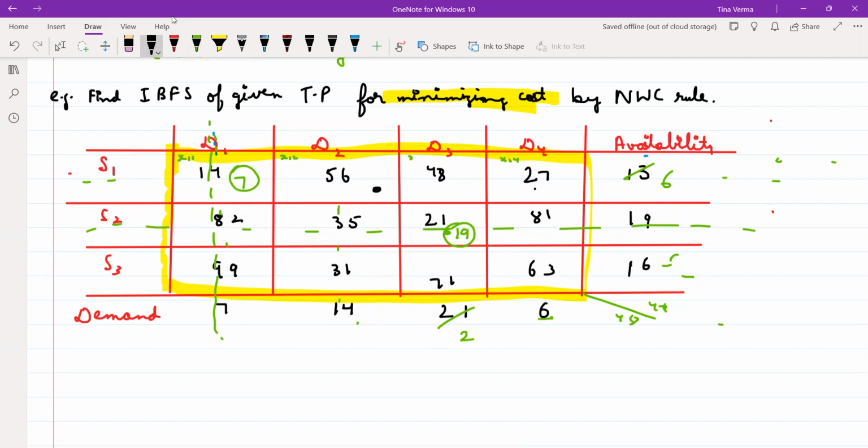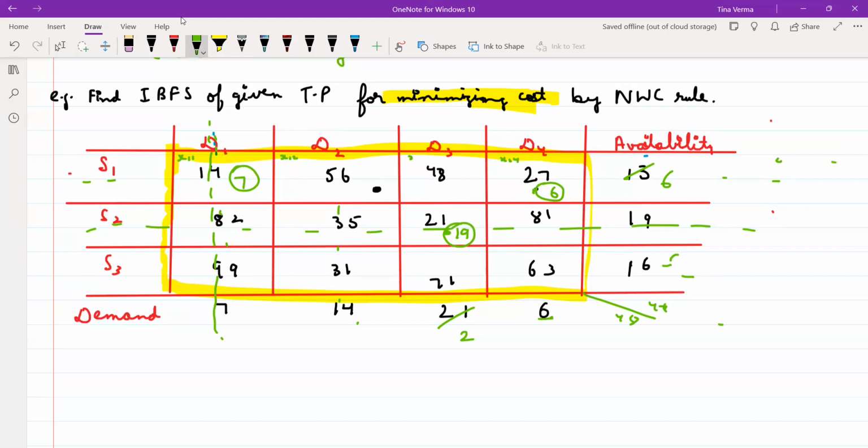That is your 27. So you will do the assignment over here. What is the minimum? 6 and 6. So now here you have 6 and 6. So either you can cut row or you can cut your column, and other value you will take as 0. If you cut both, in the last you will not have m plus n minus 1 basic cells.